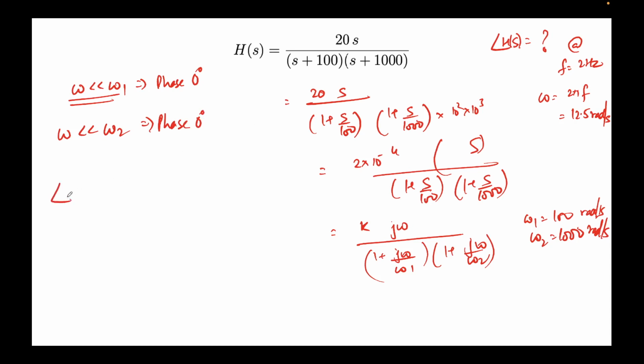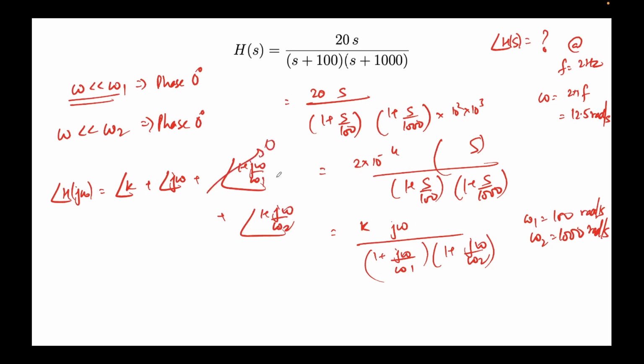So I can write the phase of H(j omega) as the phase of k plus the phase of j omega plus the phase of 1 upon (1 plus j omega by omega 1) plus the phase of 1 upon (1 plus j omega by omega 2). These two are 0 by the Bode approximation.